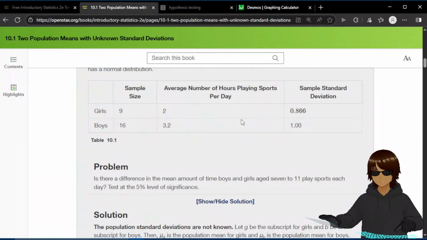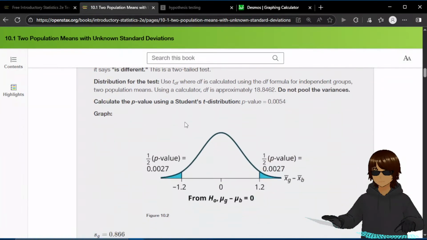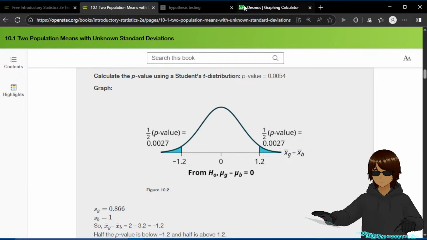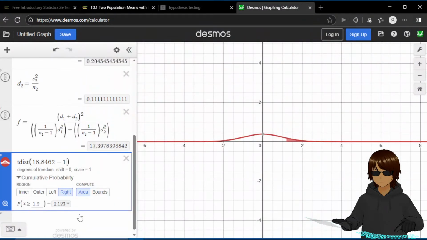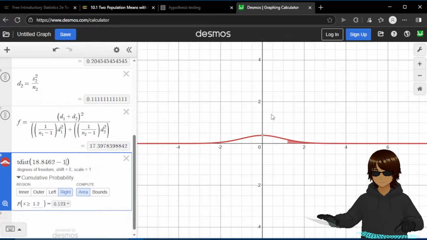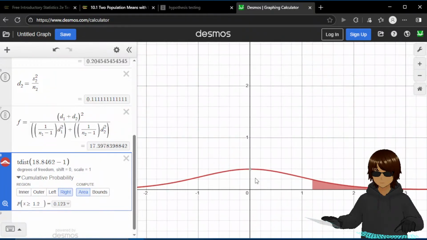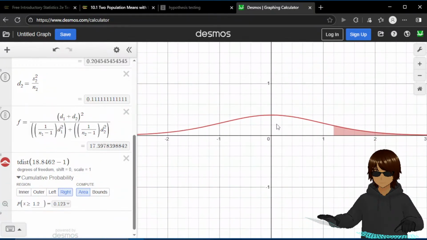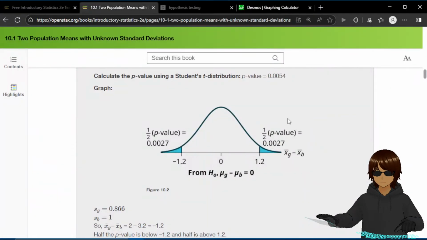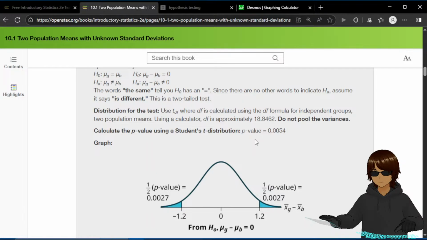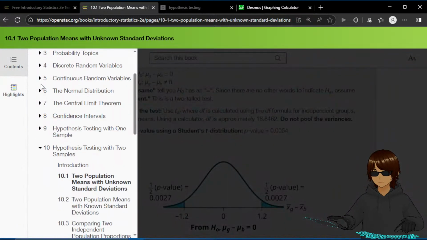They got 1.2 from 3.2 minus 2. I have no clue. Let's see the t distribution chapter.